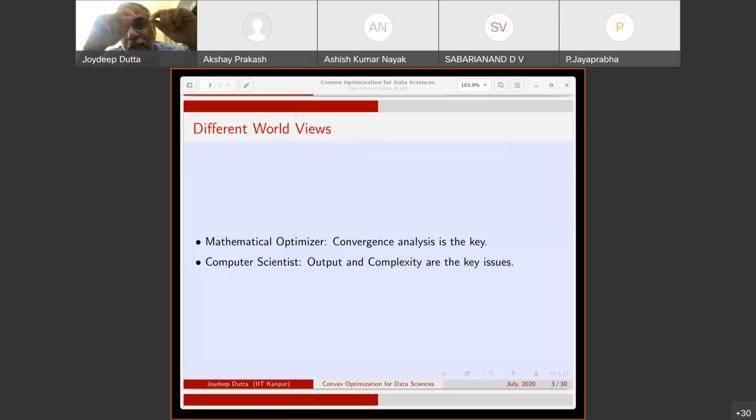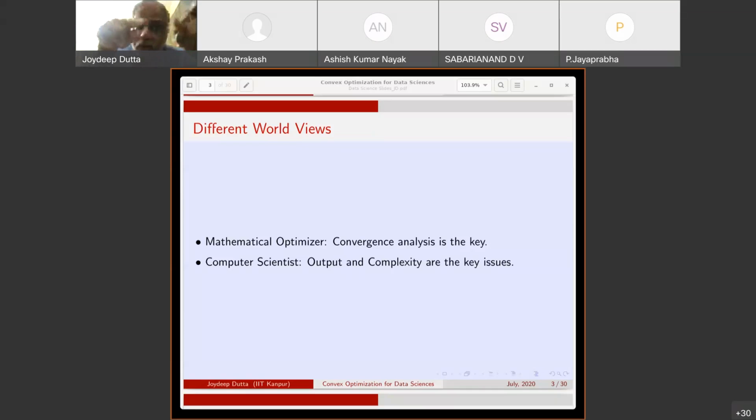But when I get an approximate optimizer, there is no way I can know whether this approximate optimizer is actually very near the solution set. There's no way I can know. But there's a trade-off. You don't know that, but the trade-off is that I come to that point very fast.